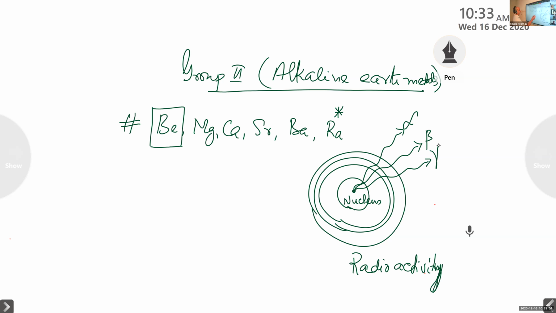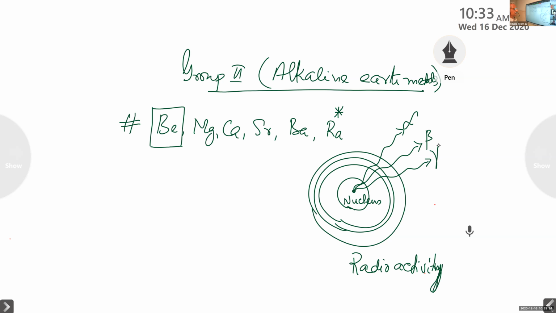Okay. So radium is a radioactive element, and the radiations coming from radium can be used in the treatment of cancer. In radiation therapy for the treatment of cancer or tumor, radiation is given, and the radiation given is one from radium.